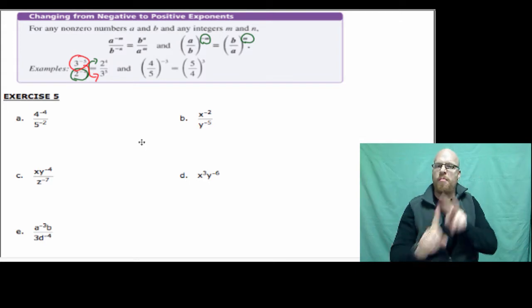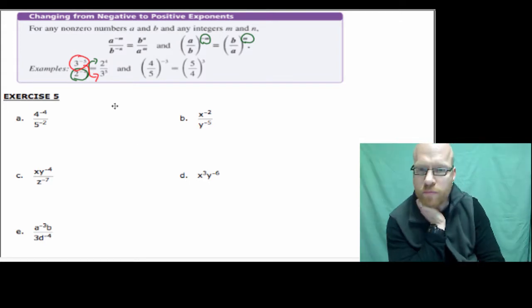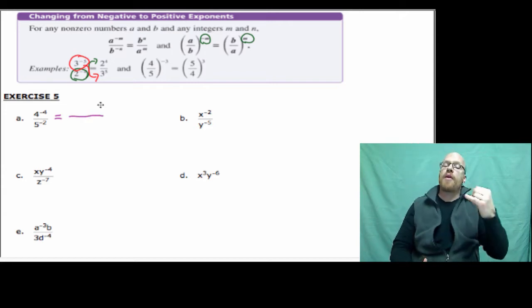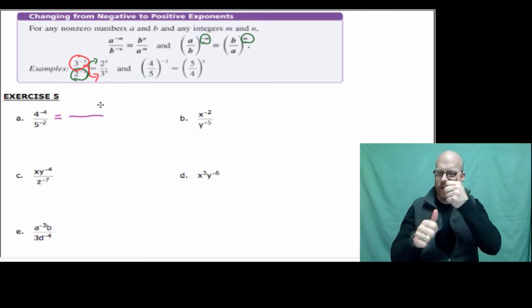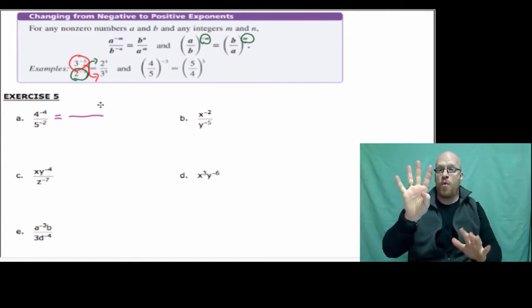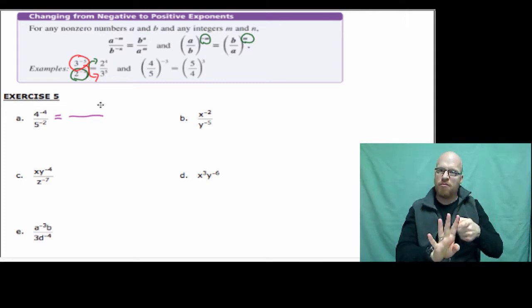Okay, now we're going to apply these rules here to these examples. So what do we have? We have 5 to the negative 2 and 4 to the negative 4. The bases don't match, so we have to move these numbers individually.